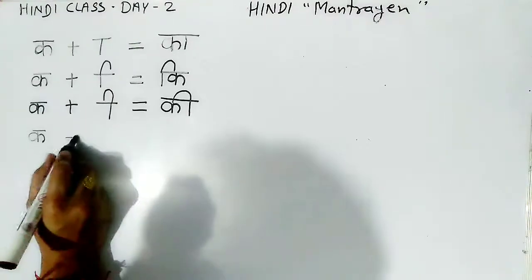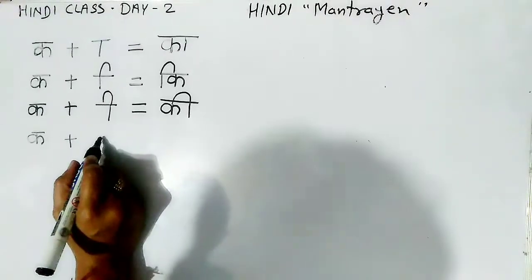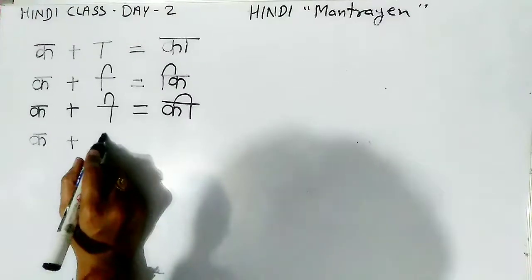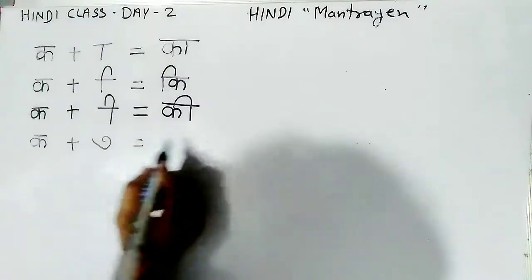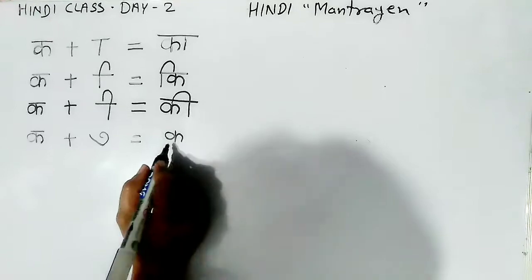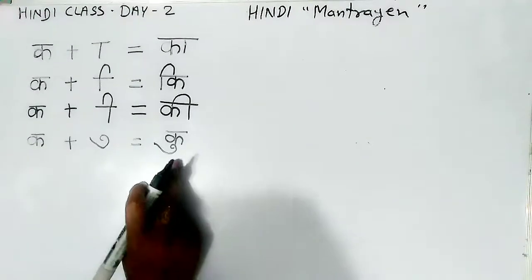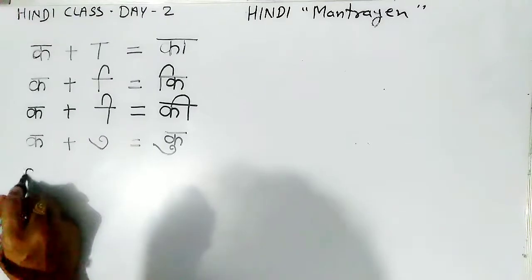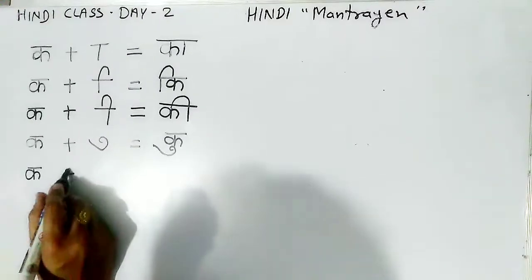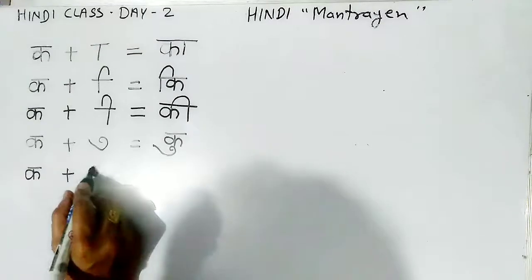K. This is the symbol of small u. Ku. K plus big U makes koo.